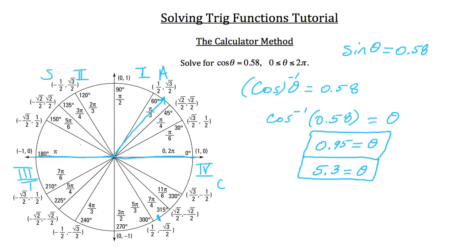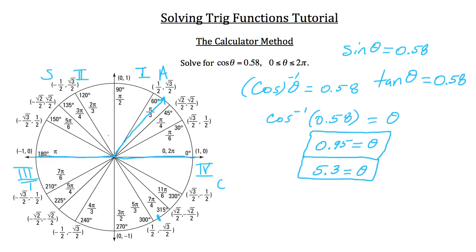So notice your second answer that you're looking for is always in relation to the value of your x-axis. So, if we had been given a trig function of tangent theta is equal to 0.58, you know that your first answer would have been here in quadrant 1 because, again, all trig functions are positive in quadrant 1, and your second answer that you would have had to look for would have been here in quadrant 3.